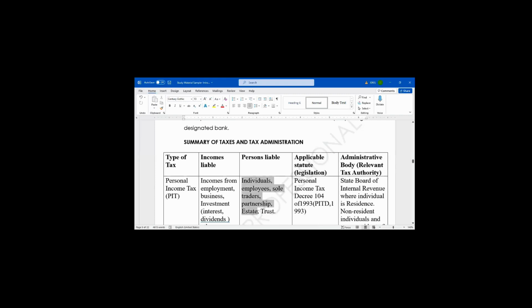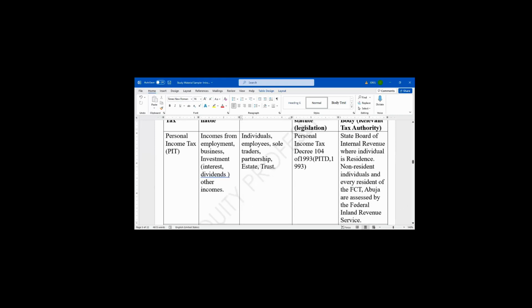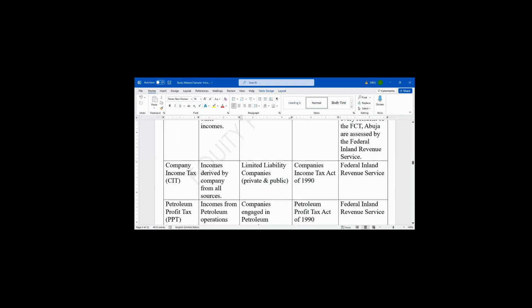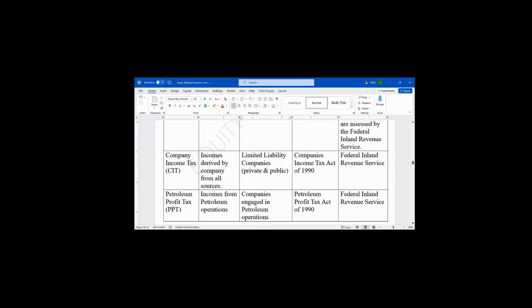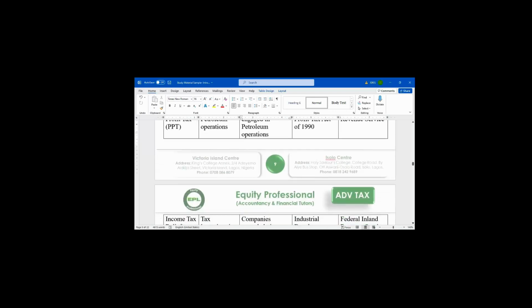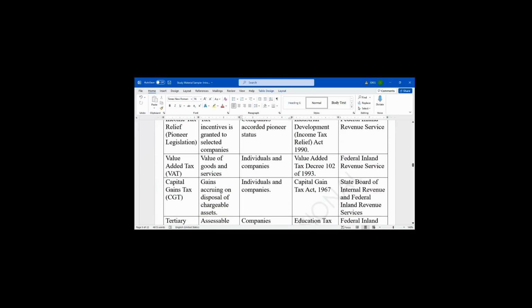Like I stated, individual, employee, sole trader, partnership, estate, trustee. Who administers personal income tax? State Board of Internal Revenue Service. I did the summary of each type of tax one by one for our better understanding.